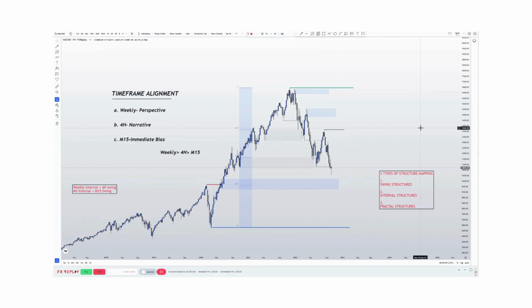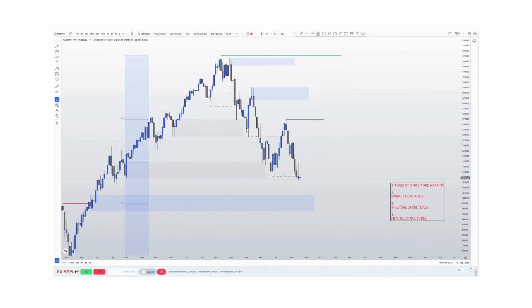So in this case, we have this as the internal. It's an open range. We have higher high, higher low. We need to come from higher high and then higher low if we are going to have the continuation of the order flow on the internal of the weekly.